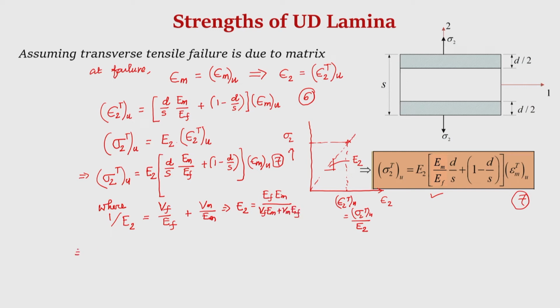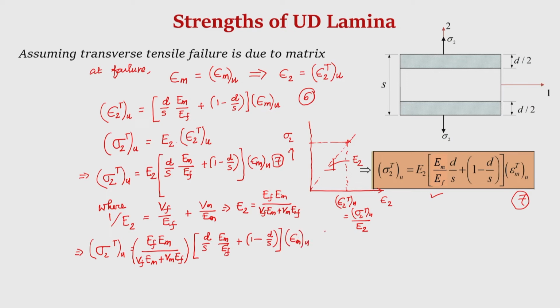Therefore, we get sigma 2 T u is equal to E f E m over V f E m plus V m E f, into d by s E m by E f plus 1 minus d by s, epsilon m u.